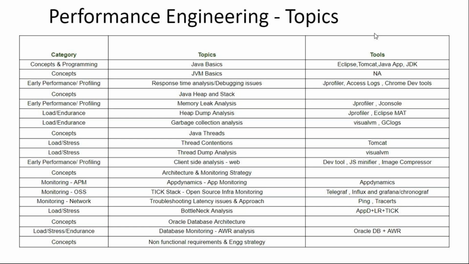So we'll look into the Java threads: how threads are created, how threads are destroyed, what the thread life cycle is, what the thread contentions are, what the typical problems we will encounter are, and thread dump analysis. All these things from a thread perspective, we will learn and do a deep dive.